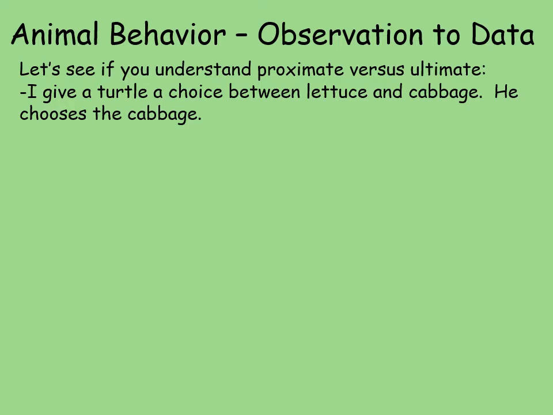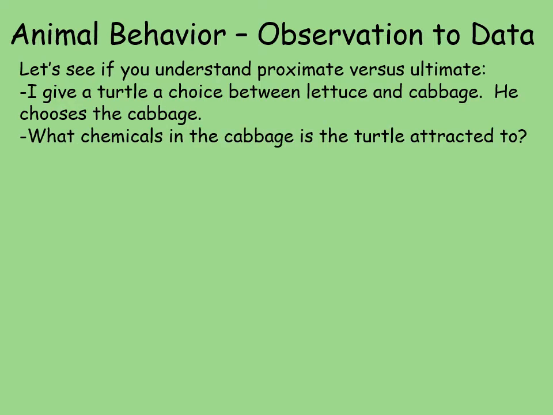So in this experiment, the turtle chooses the cabbage. So you could ask, what chemicals in the cabbage is the turtle attracted to? So here we're interested in specifically this physiological response. So what taste receptors are there in the turtle that would react with specific chemicals in the cabbage? So in this question, we're asking how this behavior happens.